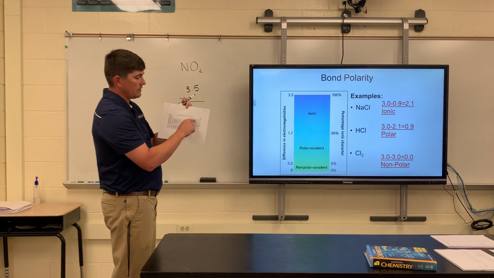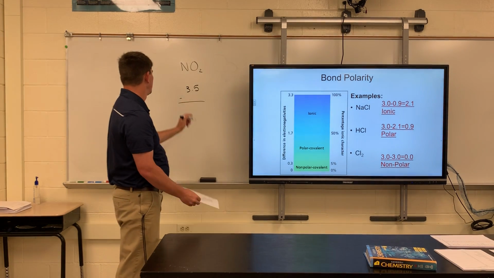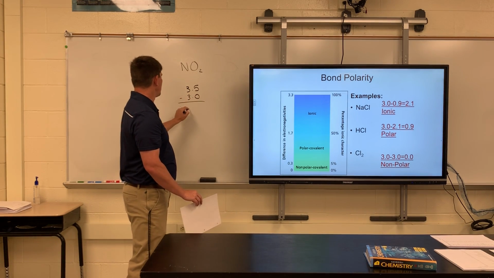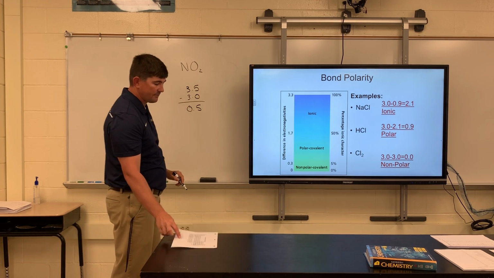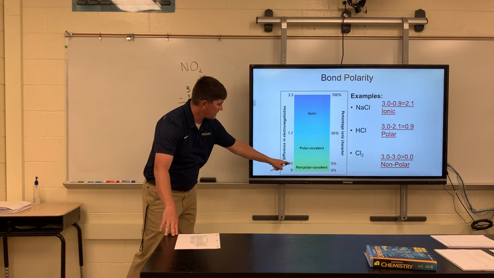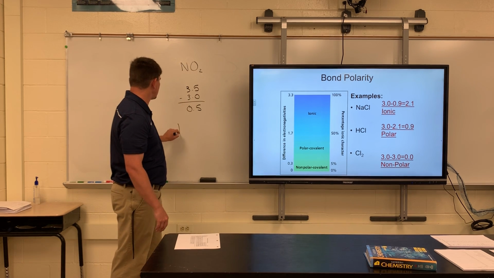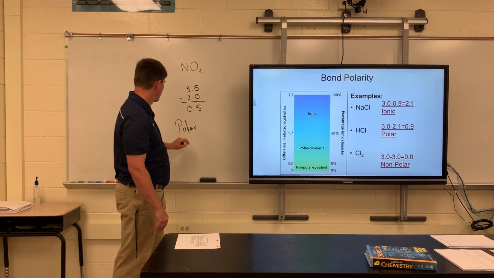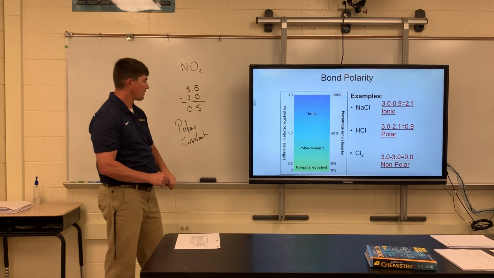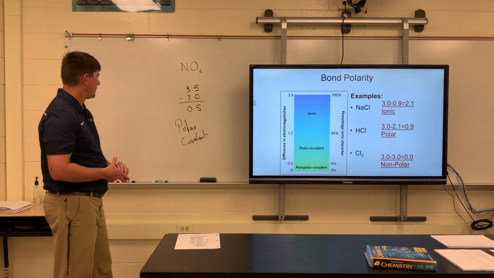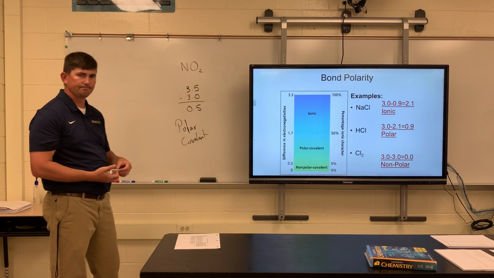Nitrogen is 3.0. So 3.5 minus 3.0 gives me 0.5. 0.5 would be just barely above this 0.3 right here. So we would consider this to be polar covalent.